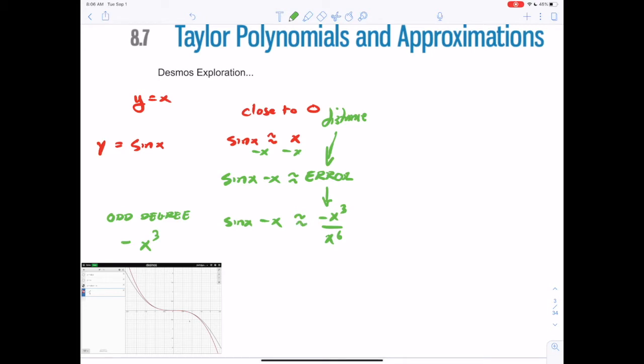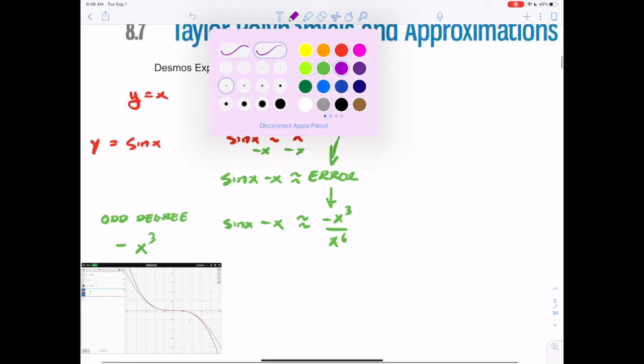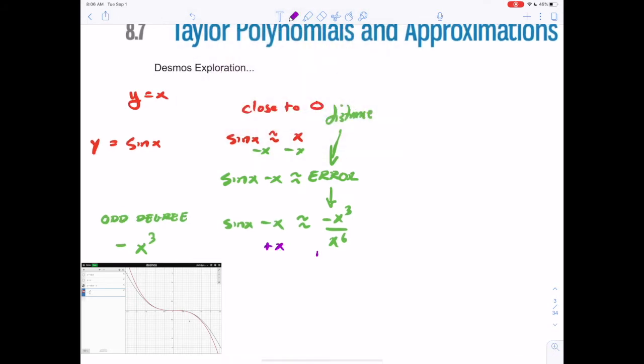All right, so here's what we're going to do now. We're going to see what happens if we were to isolate sine x. So I'm going to go ahead and add x over here. All right, so now here's what we've done.